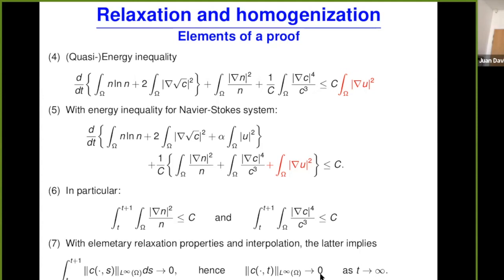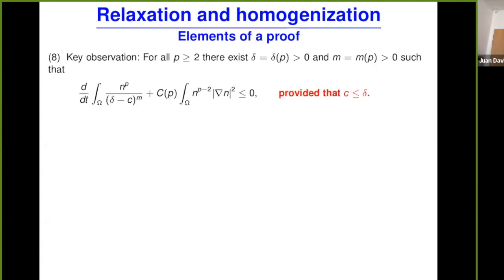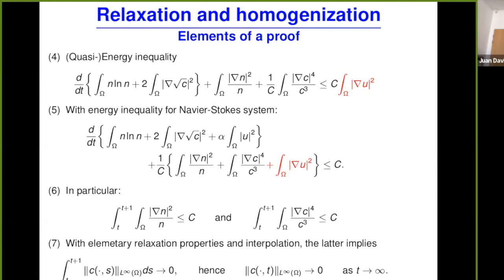And now the second miracle enters, which will form an obstacle for all the subsequent analysis of such a chemotaxis consumption system. The second miracle, namely, says that once this signal is small, and this will become small, the C will become small, as we know now.